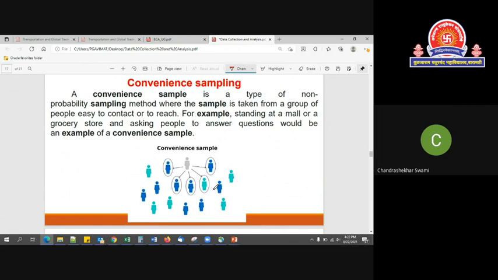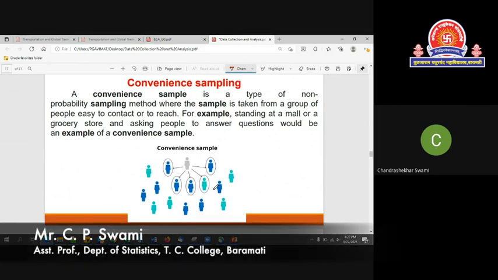And that person is selecting people as per their convenience, those who willingly give the answers to their questions. Such a sampling method is called as what?